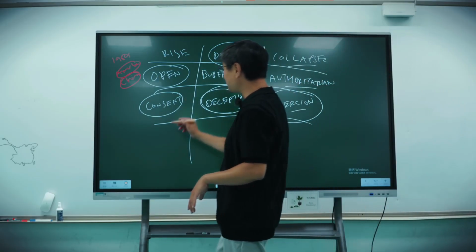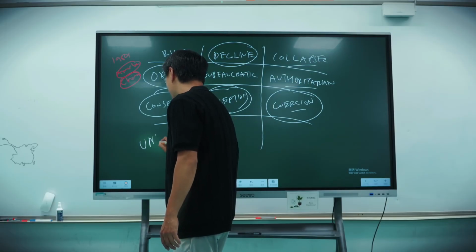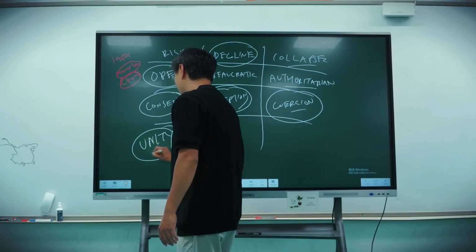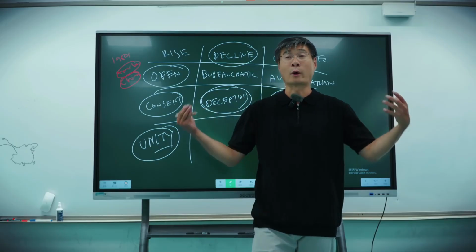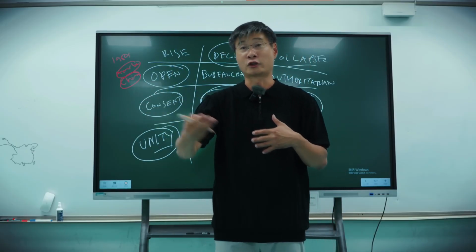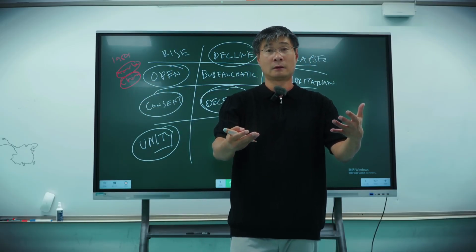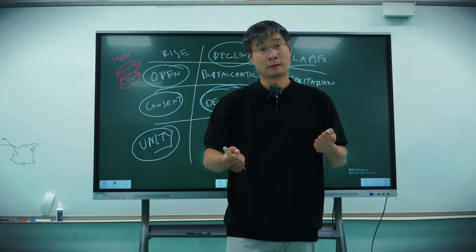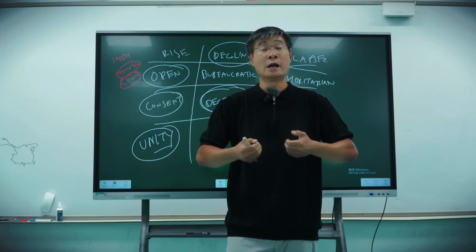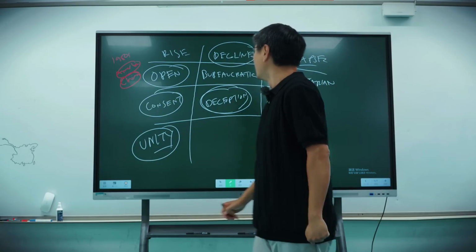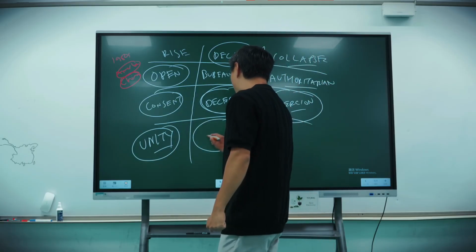So in the rise phase, what matters first and foremost is unity of the people. We're all working together. There's empathy. There's concern for other people. I want to be your friend. We need to work together to make society better. Okay? But in the decline phase, it's really about stability.